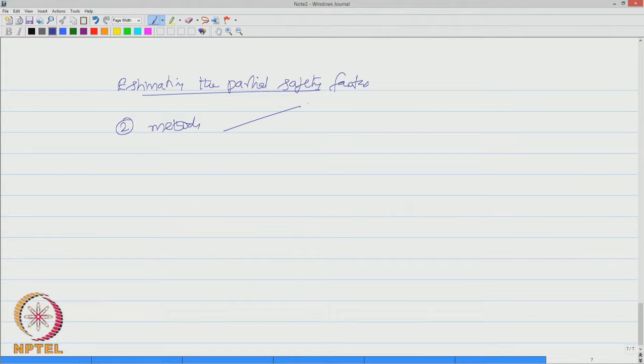One is by Monte Carlo simulation, the other is by first order reliability analysis.